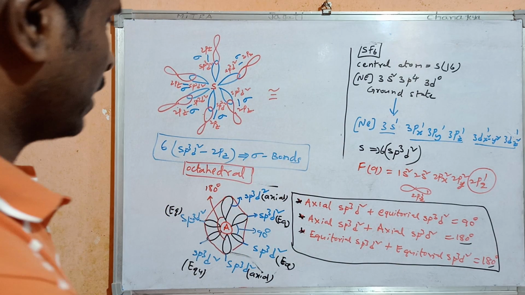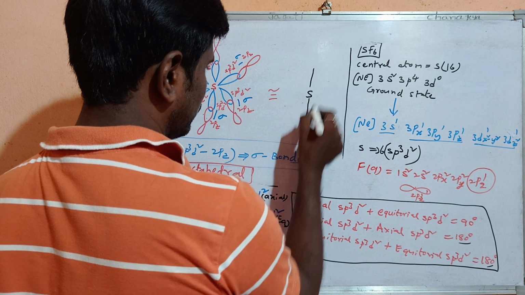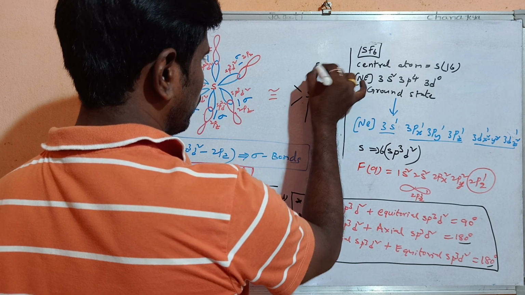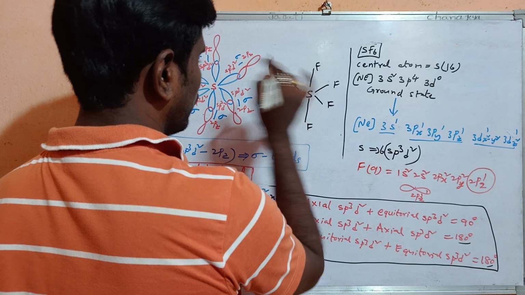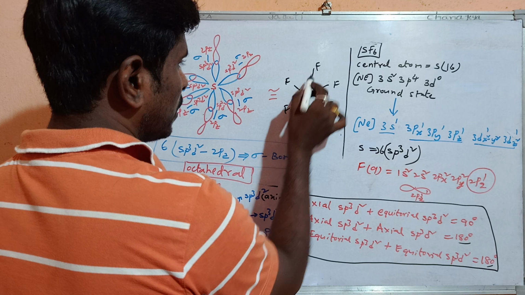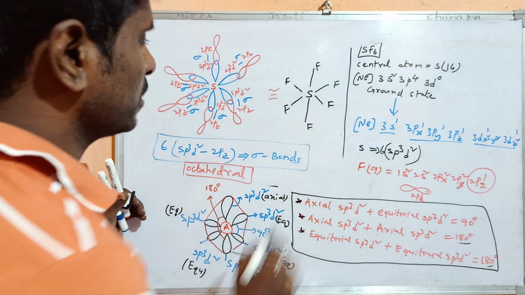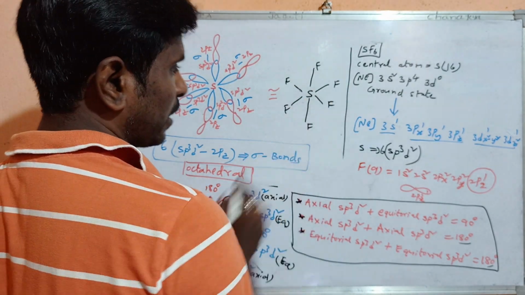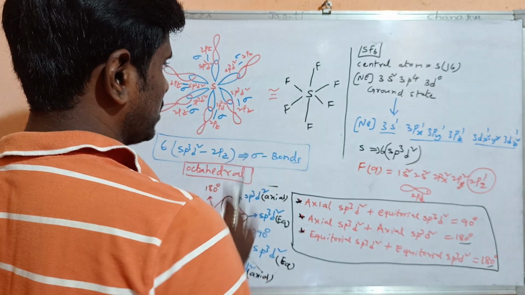Now this octahedral structure is simply drawn like this: fluorine, fluorine, fluorine, fluorine, fluorine. Okay, these are the 6 sp3d2-2pz orbitals of SF6. This is called the octahedral structure of SF6.